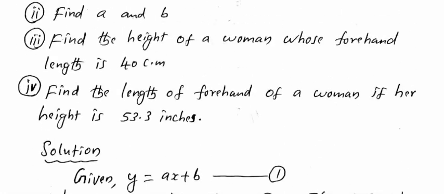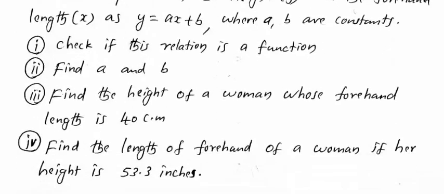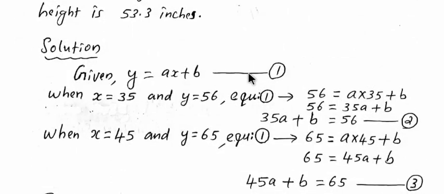Then take next value of x and y. When x is equal to 45 and y is equal to 65, the same equation number 1 becomes 65 is equal to a into 45 plus b.